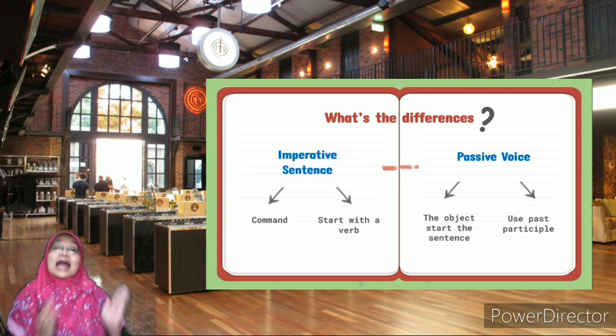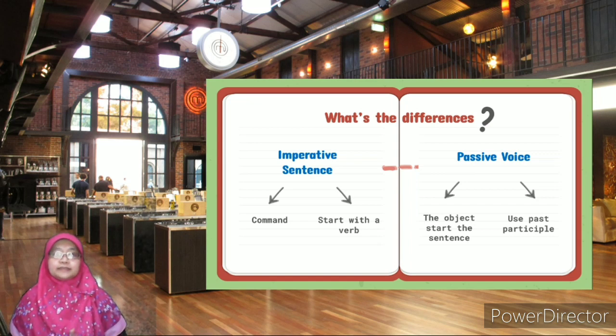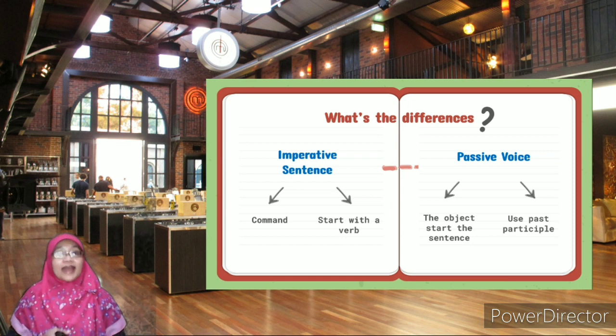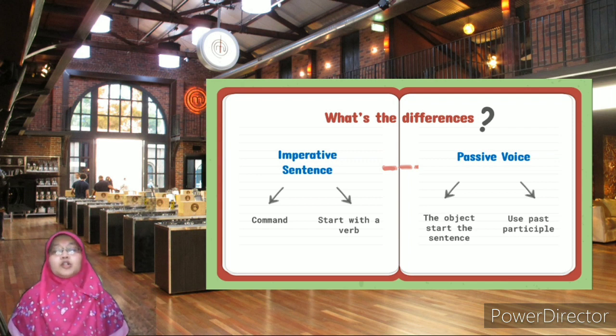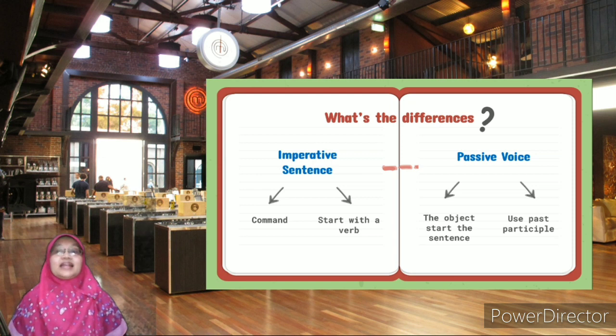The object is the onion, and it uses the past participle. For example, the bread is sliced. Sliced is the past participle, or we can say it is a verb 3.